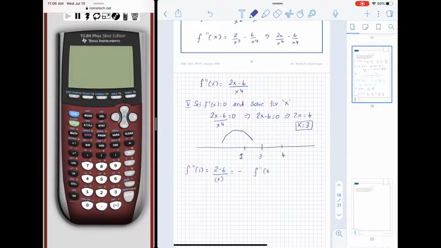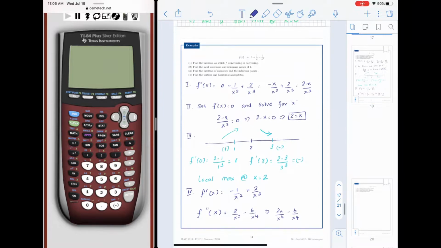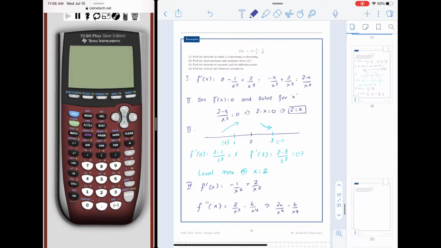The test point 4 would give me 2 times 4 minus 6 over a positive number, so it is concave up. Now we've got to be careful here because this particular function has asymptotes. It probably is going to have horizontal and vertical asymptotes.